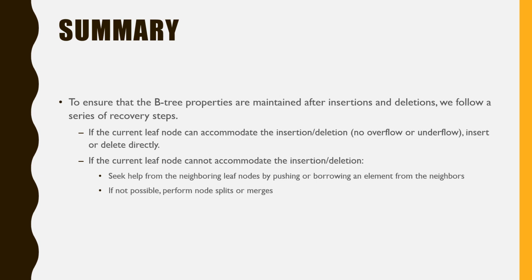If help from a neighbor is not feasible, we perform node splits for overflow or node merges for underflow to recover the B-tree properties. With these mechanisms, the B-tree properties are maintained, ensuring efficient data access without loading the entire database into the main memory.